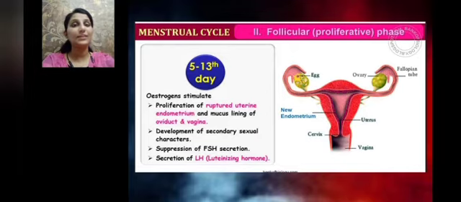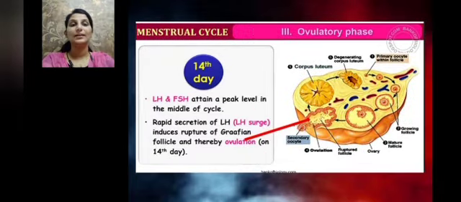It stimulates the development of secondary sexual characters. It suppresses the secretion of FSH by the pituitary gland once its level is enough. And it also stimulates the secretion of the luteinizing hormone. So these are the functions of the estrogen released by the Graafian follicle.